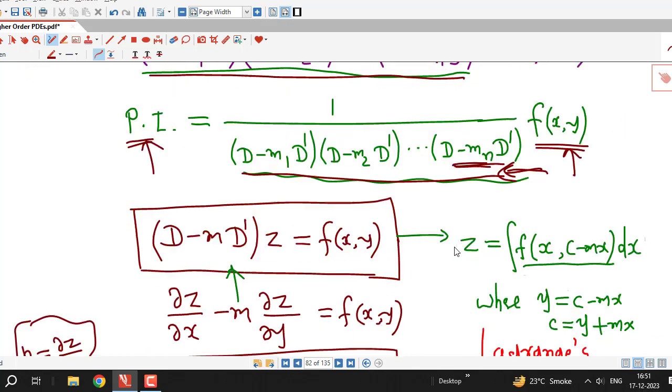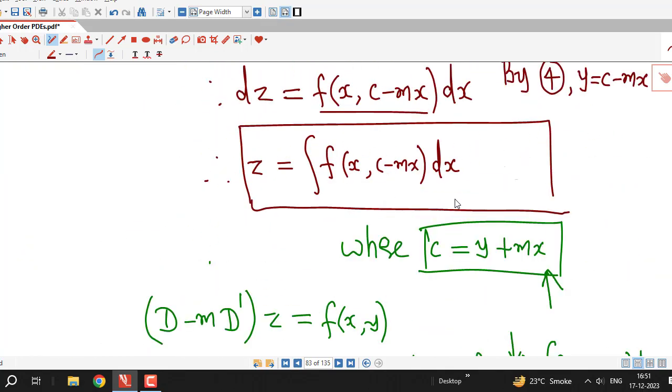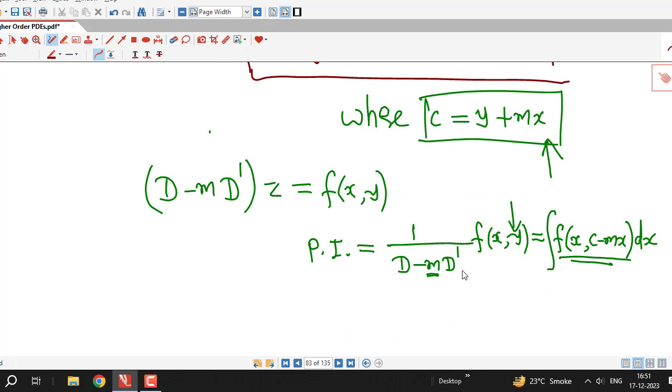For that we will use this formula, that 1 over (D minus mD') f(x,y) equals the integral of f(x, c minus mx) dx.